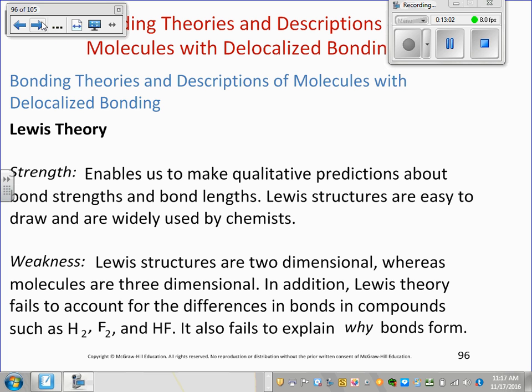And Lewis structures are easy to draw, and chemists widely use them because they're easy to draw. The weakness is they're two-dimensional, and we live in a three-dimensional world. It fails to account for the differences in bonds in compounds such as H2F2 and HF, and it also fails to explain why bonds form.